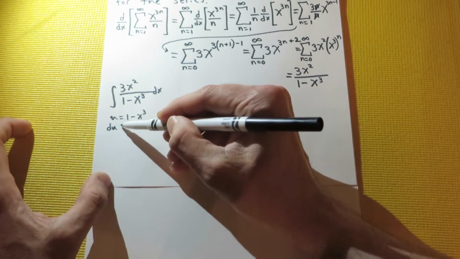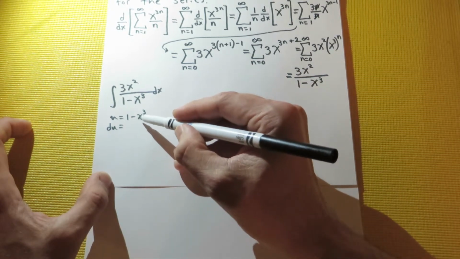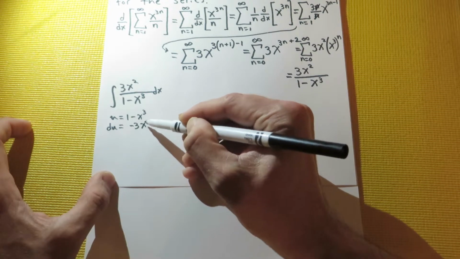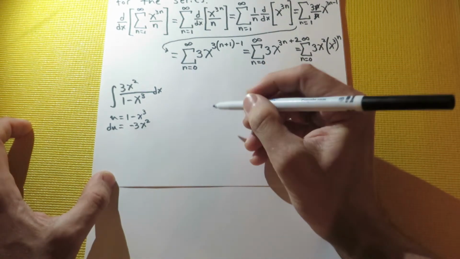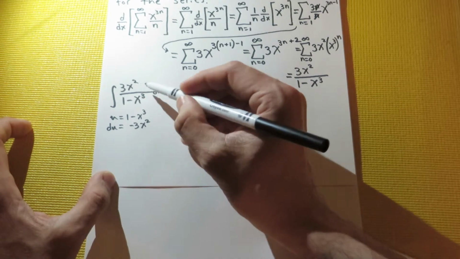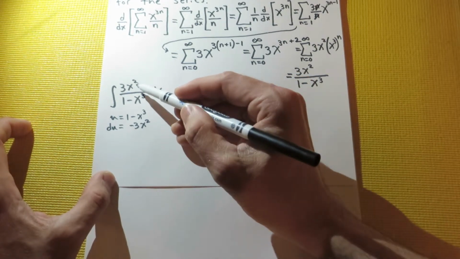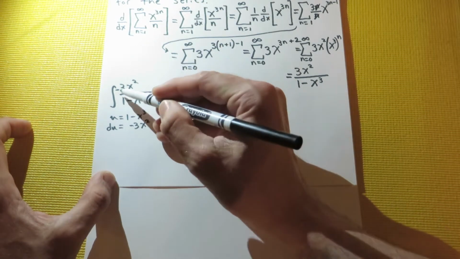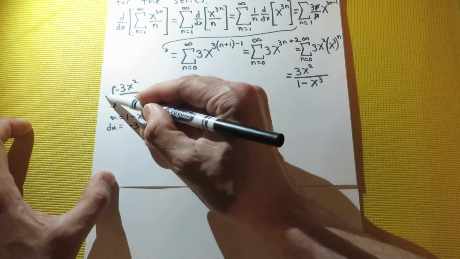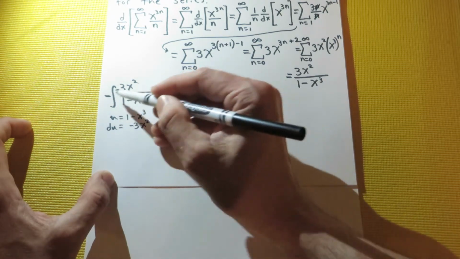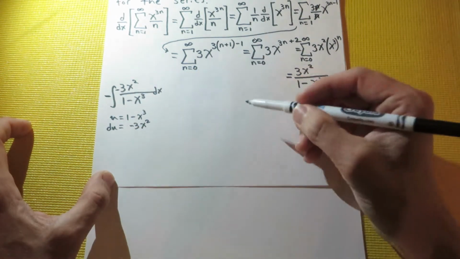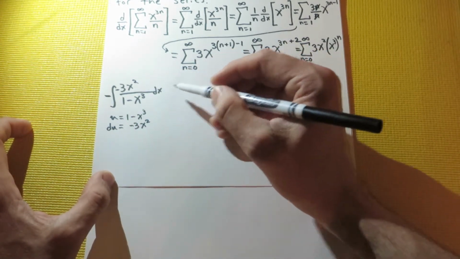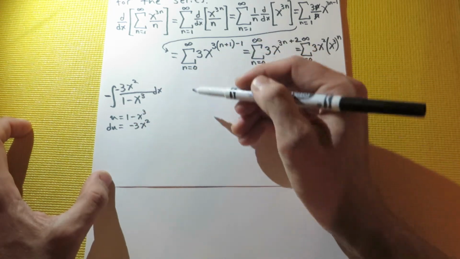Then du is just going to equal negative 3x squared. Well, we can manipulate this a little bit. We don't have a negative 3x squared here, but we can make this be a negative 3x squared. And because we put a negative here, we're going to have to multiply the whole thing by negative 1. We could take our negative out there, so the negative would ultimately cancel out. But we've got it to a point now where we can do u substitution.